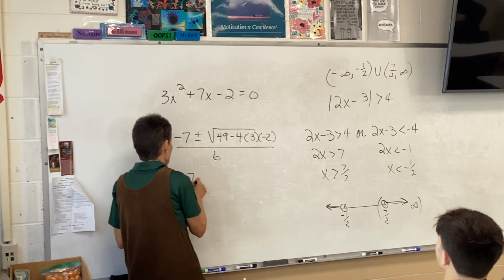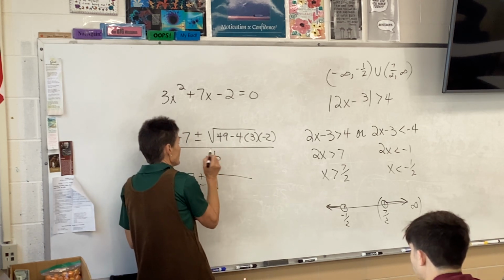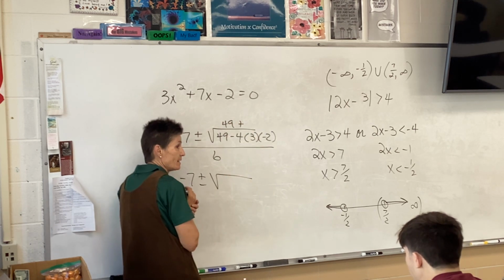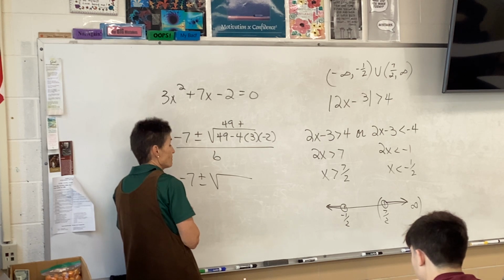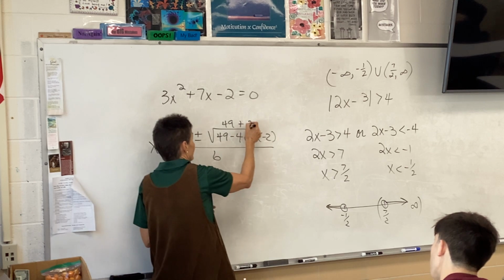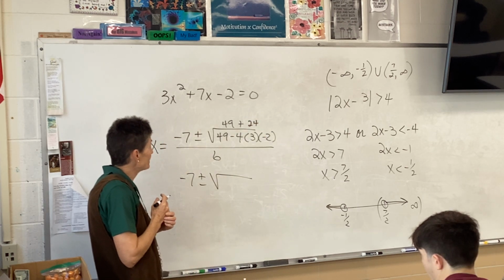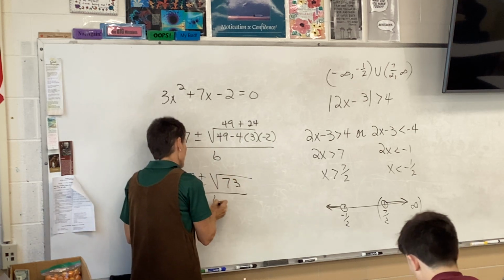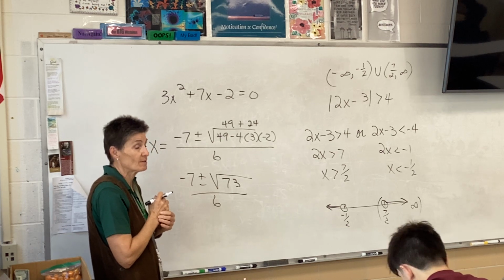So -7 plus or minus, okay, now, always pay attention, this double negative means you are going to be adding. 4 times 3 times 2 is 24. So 49 and 24 is 73, which doesn't break down, so this is an easy one, there's the answer, we're done. Don't have to do anything with it.